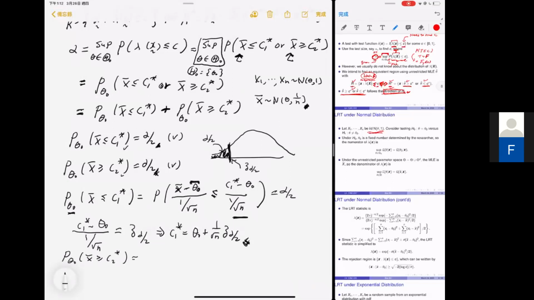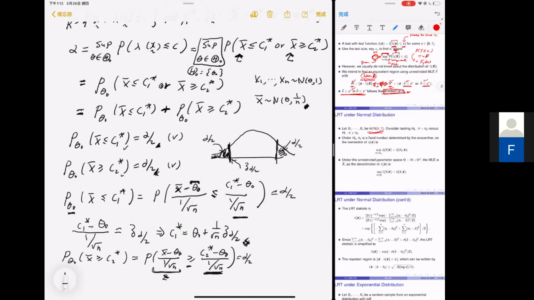So I'm not going to explain this again. It means bigger than C2 star minus theta 0 divided by 1 over root n. Again, this guy is normal 0, 1, bigger than something, and that probability is alpha over 2.